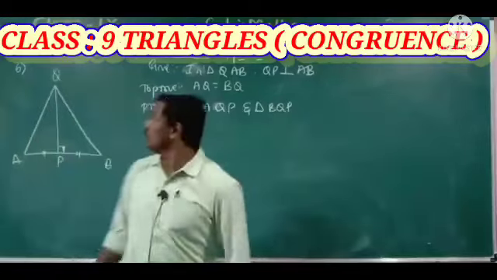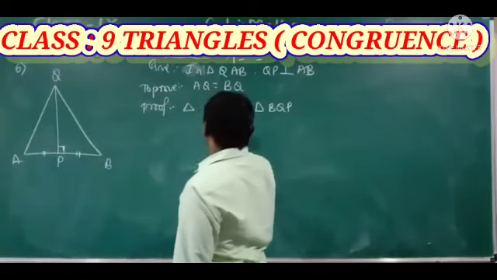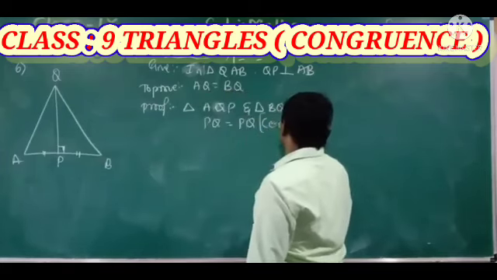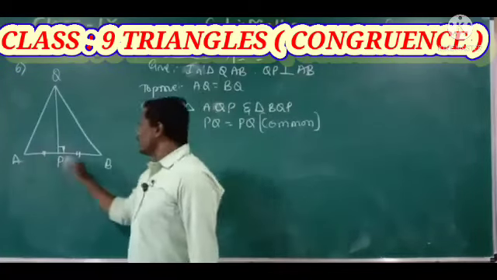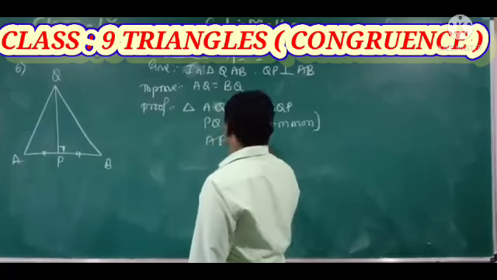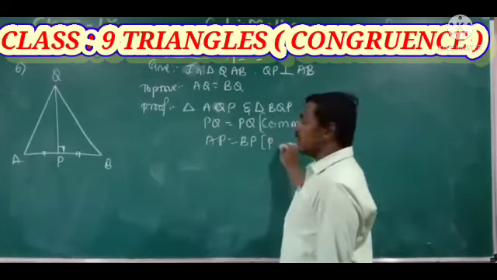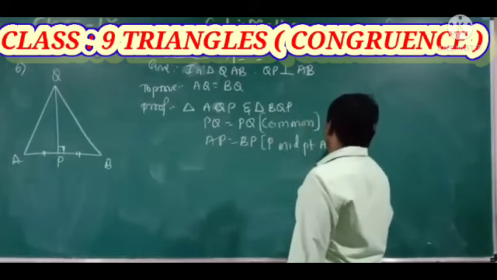In that, PQ is the common side. PQ is the common side for these two triangles. Next, AP is equal to BP, because here P is the midpoint of AB.